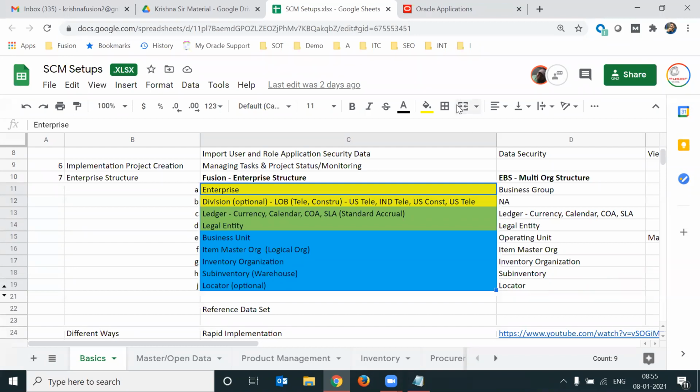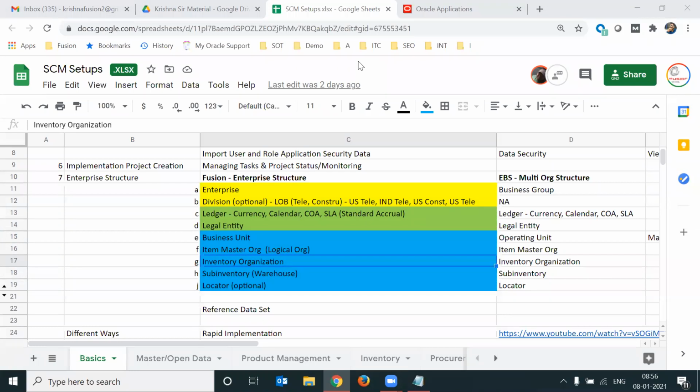Sir, can you explain inventory organization once again? Inventory organization is a branch. You have worked under one e-commerce company, right? Yes, sir.